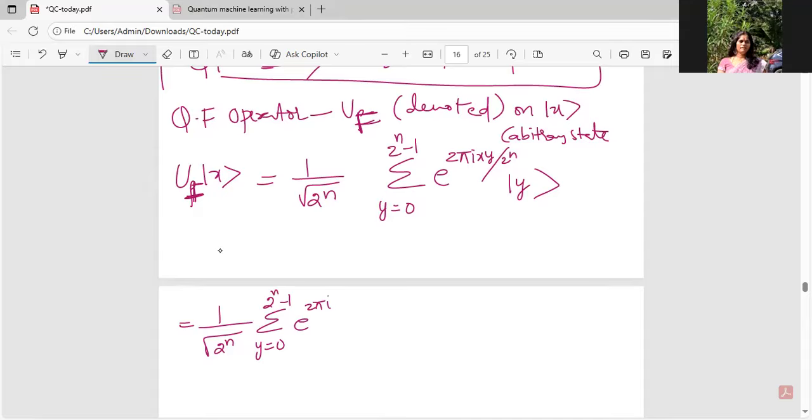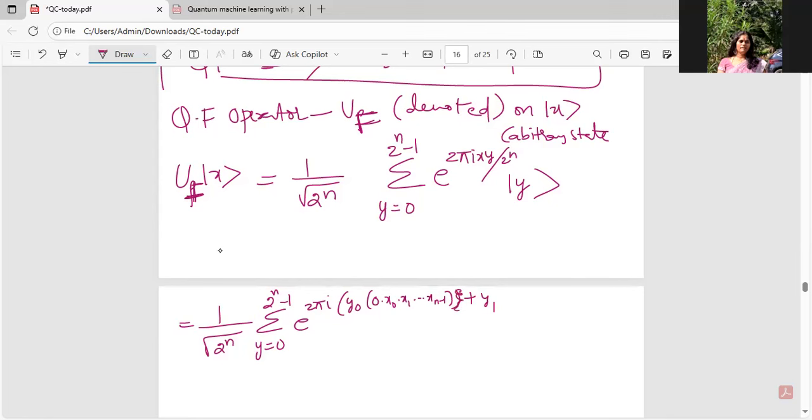I have written xy now. What that xy stands for is the previous notation. Just see here. y naught, 0 into x naught into x1 and so on up to xn minus 1. Plus y1.